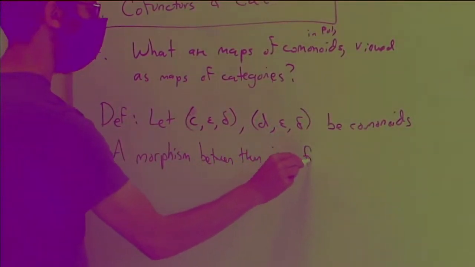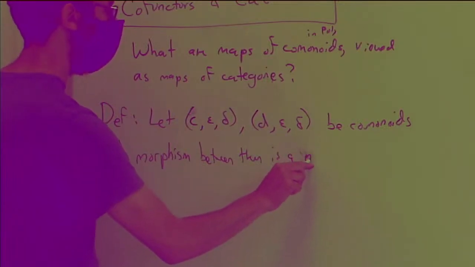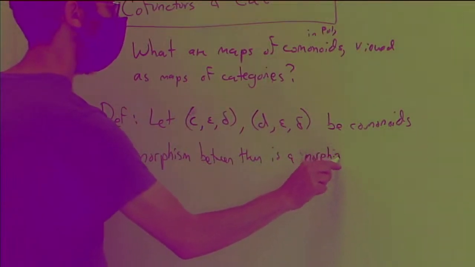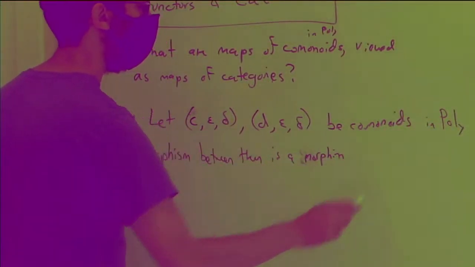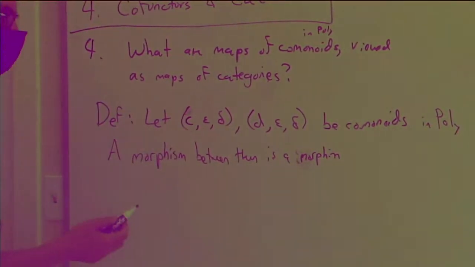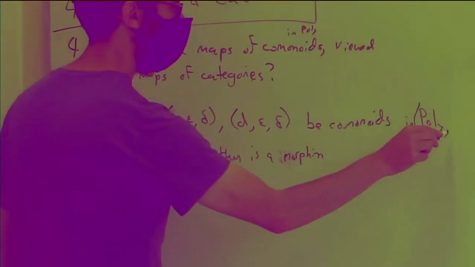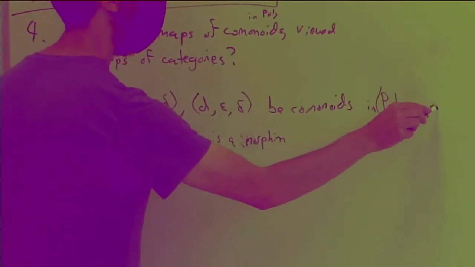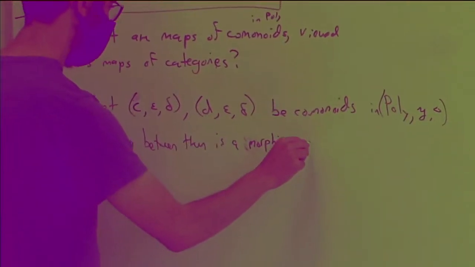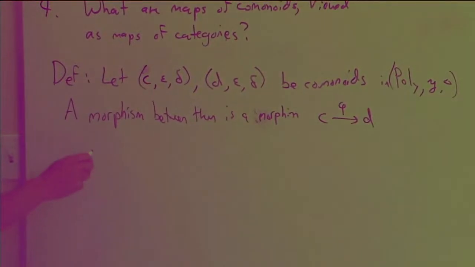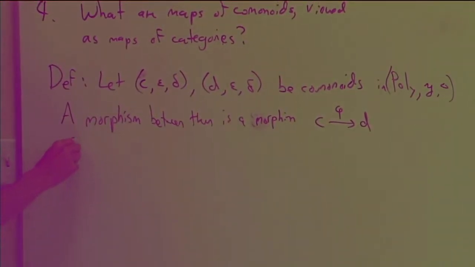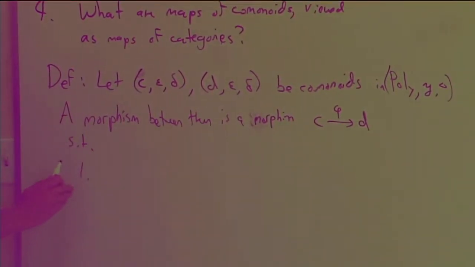is a morphism. So we're going to say in Poly, but everything I'm going to say would be true in any monoidal category. It is a morphism phi from C to D in Poly such that two things commute.